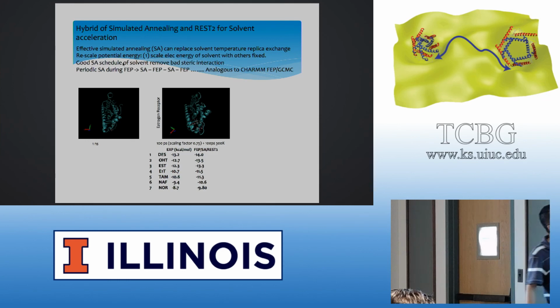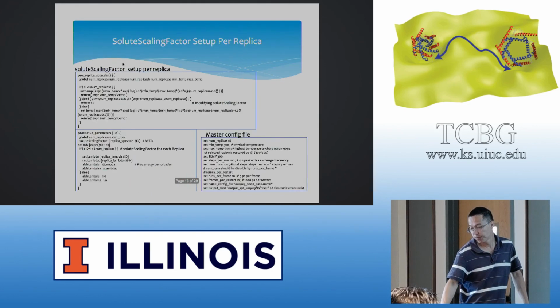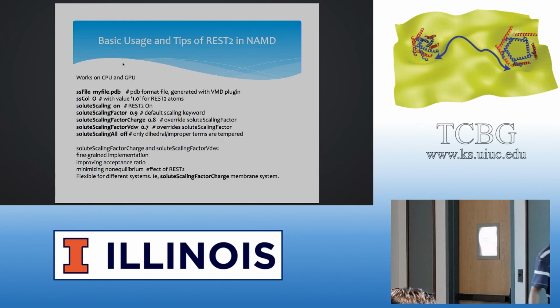So, how to use that? Now, let me show technically how to apply REST2 to accelerate solvent sampling. Because REST2 now has a fine-grained implementation for solvent water molecules, for each water molecule, its potential energy trap mostly comes from dipole-dipole and electrostatic interaction.